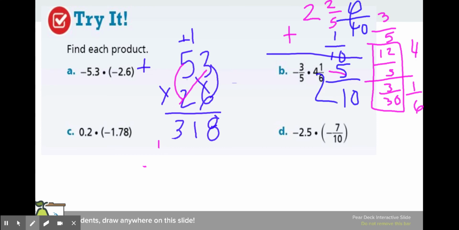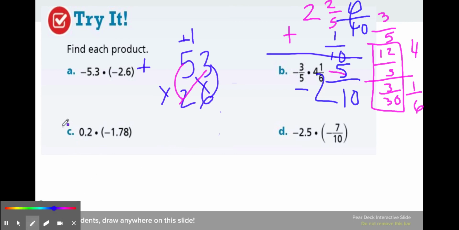So I have -2 and 5/10 is my answer for that. The only part that's new is our integer rules, but our multiplying is not new.